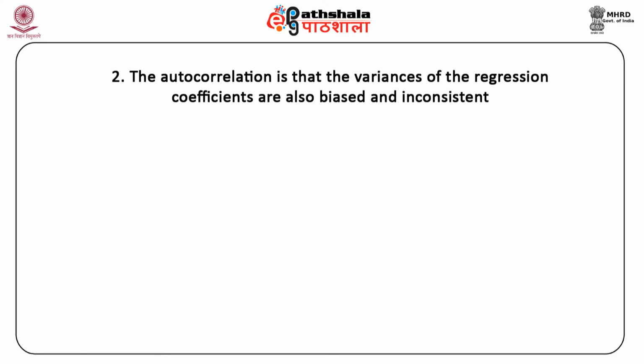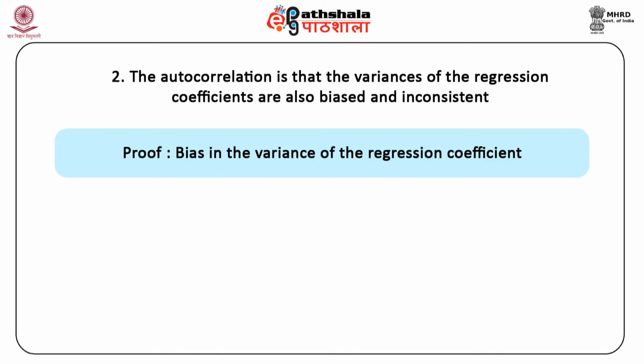Second consequence of the autocorrelation is that the variances of the regression coefficients are also biased and inconsistent. Proof for bias in the variance of the regression coefficient is given here. We know that beta hat OLS is equal to sigma x_i y_i upon sigma x_i squared.